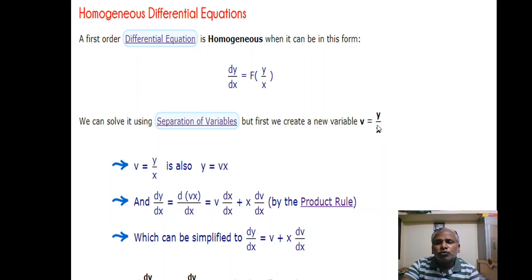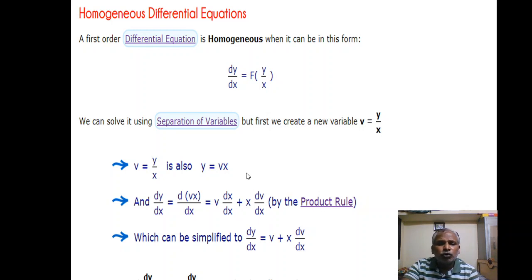Differentiating this, we get the differential equation in v and x, which is in variable separable form. Let us say v equals y by x, which is the same as y equals vx. Differentiating this with respect to x using the product rule, dy by dx equals the derivative of v times x: the derivative of x with respect to x is 1, with v as it is, and the derivative of v with respect to x is dv by dx.